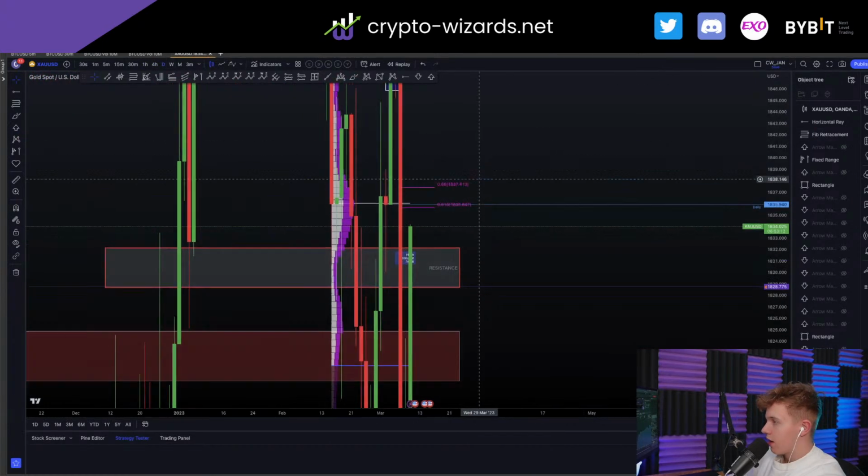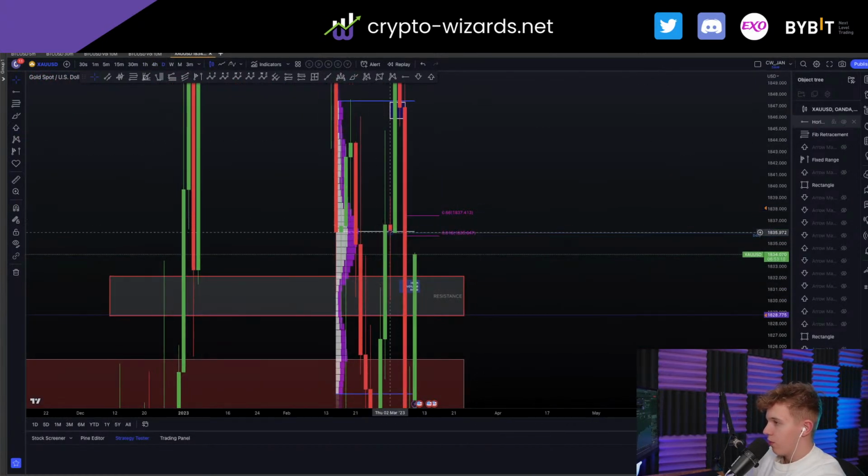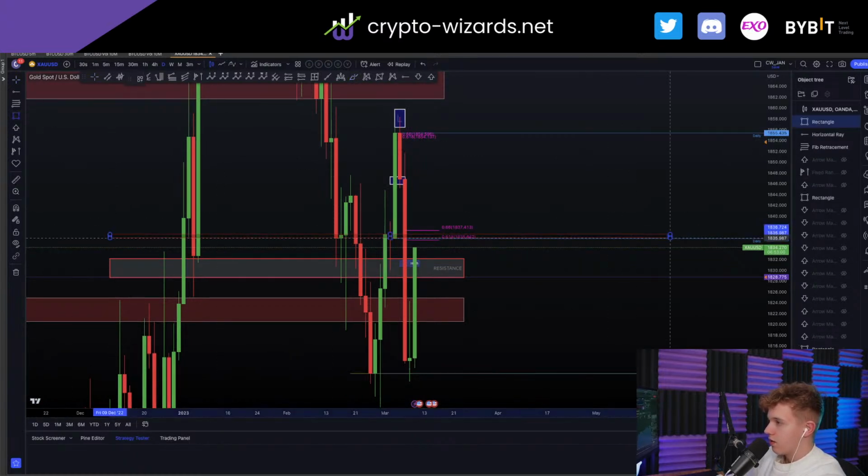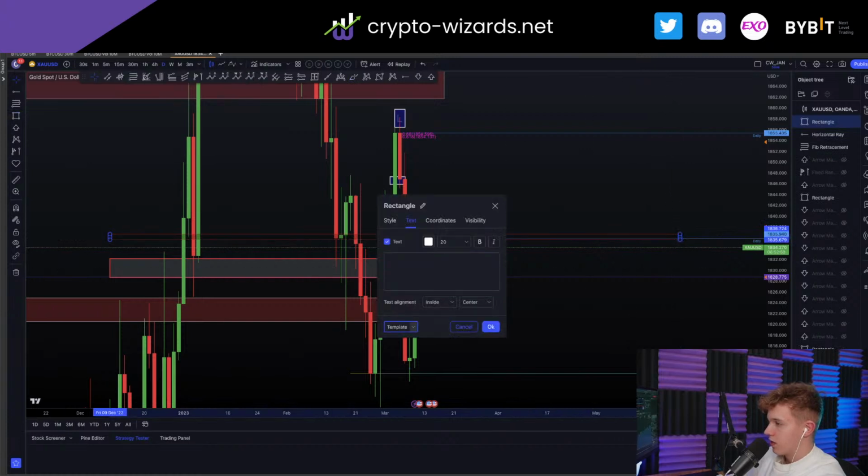The daily looks good here since we have this block. If we hide this volume profile, you see we got 2 dailies, 3 dailies around the zone here. So this is clear resistance.